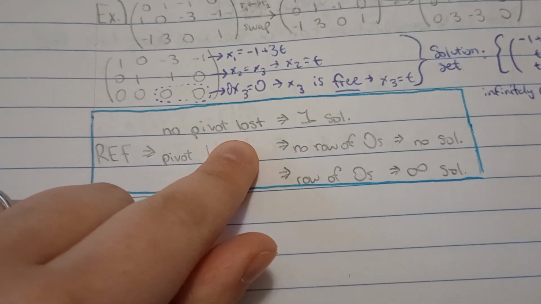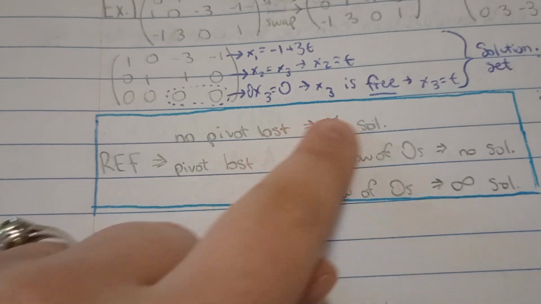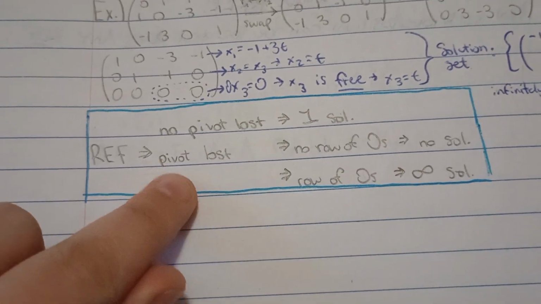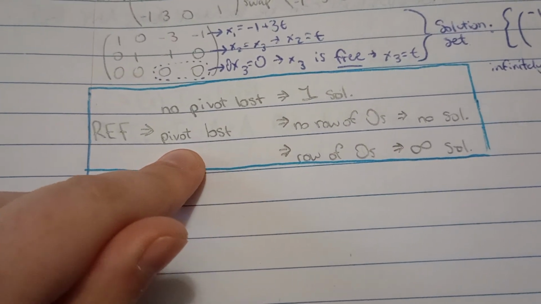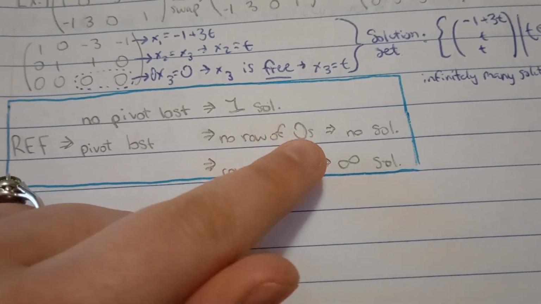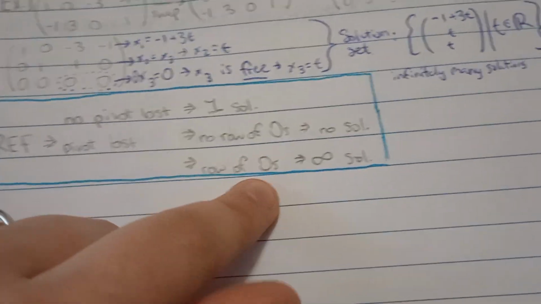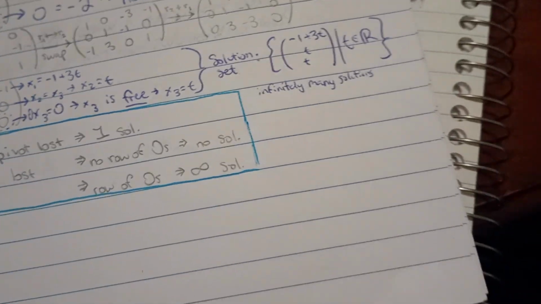That means if we have the 1, 1, 1 like I had over there, then we would have a solution. But we did lose a pivot because if you remember, we gained that extra 0. Well, if there's no rows of zeros, then there's no solution. If there are rows of zeros, there's infinitely many solutions.